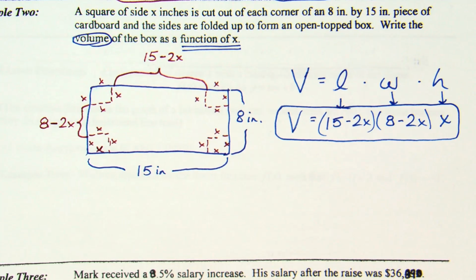What are the pieces that go into that? What does X represent? Okay, so we have to have an initial salary here, yes? Do we know his initial salary? No. So his salary before the raise is what we're going to call X. So you have the initial salary, then you also have to add on the raise. Do we know the raise? 8.5.